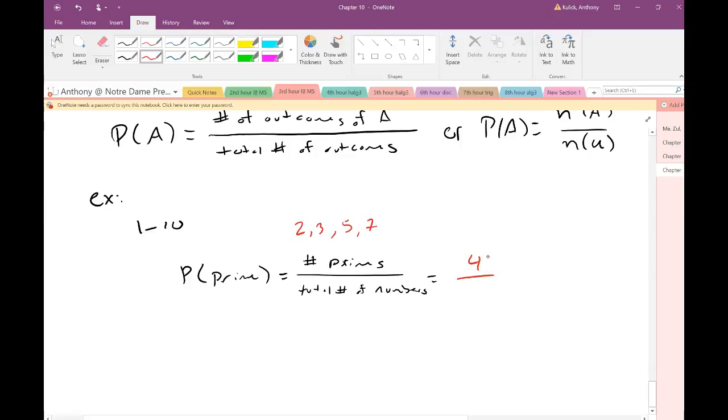And how many numbers are there from 1 to 10? Shockingly, there's 10. So 4 out of 10, or 40%.